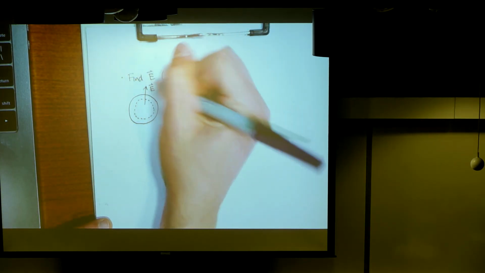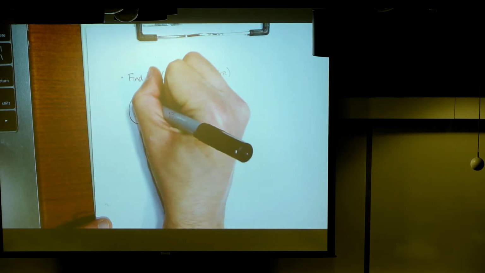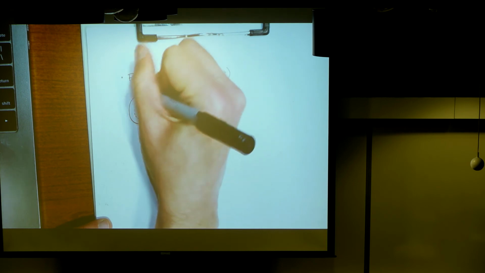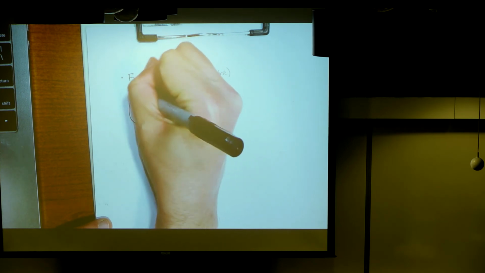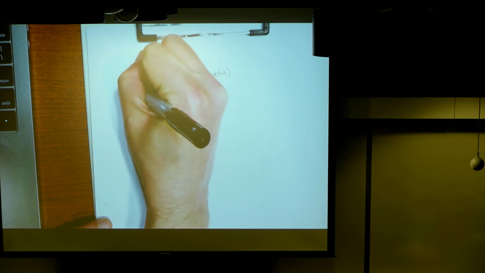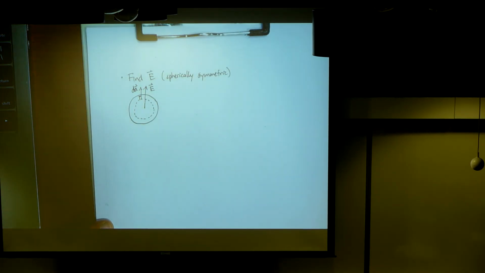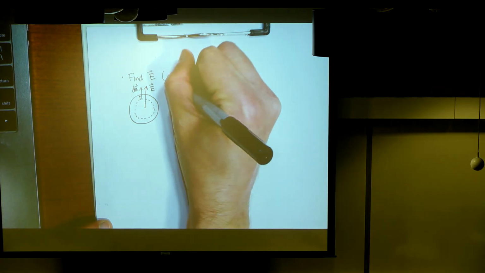I'll just show one representative E field line just for visual purposes, but it's going out in all directions. Okay, my dA vector also points radially out because it's going away from the surface of this sphere that I drew, right? So that means, let's work it out.